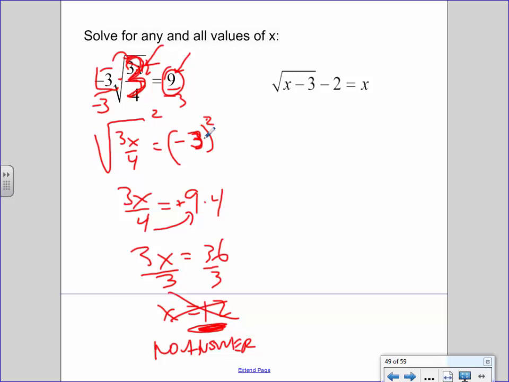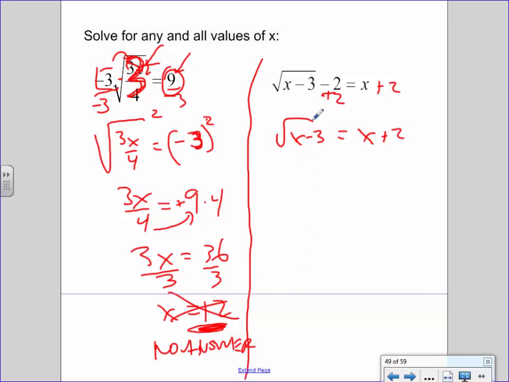Okay, let's try another one. Is this the opportune time right here to square both sides? Not yet. It's close, though. Why don't we add 2 to both sides? If you can visualize this, if I add 2 to both sides, now I've isolated, let me just put a line down here, my square root on this side.